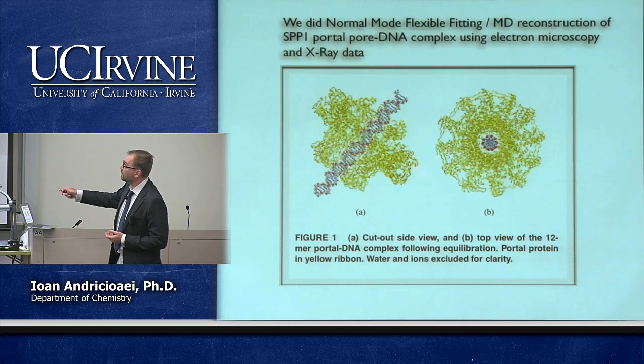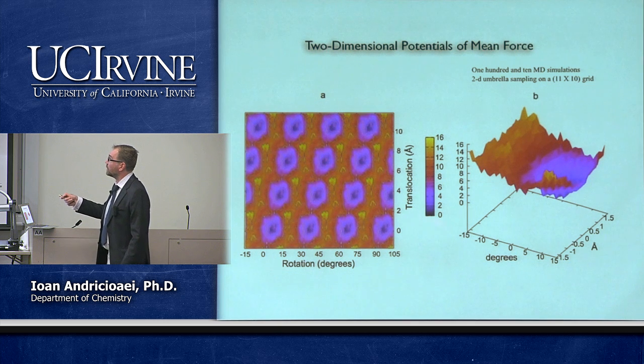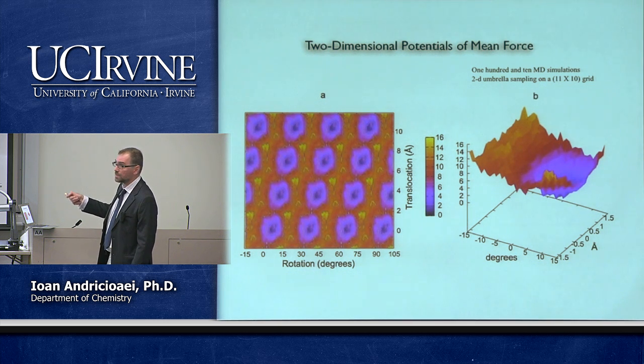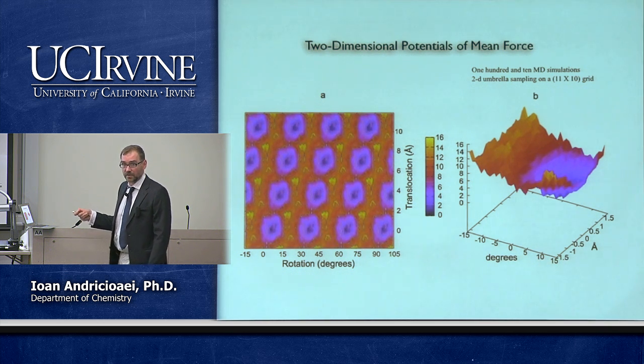One degree of freedom involves the motion of DNA in and out without rotation, let's call this Z, and the other involves rotation of the DNA at constant Z inside the pore. So we have a potential of mean force in which energy goes up. This is the rotational degree of freedom. This is the translational degree of freedom.